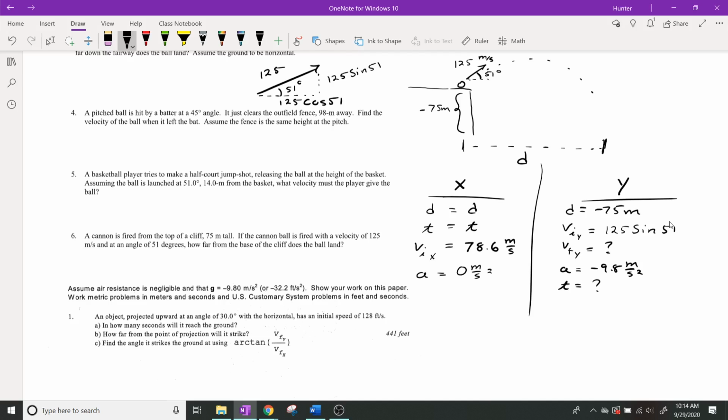So can we use the y equation to find the time? Which one do we need to use? The one without VF, because we don't have that one, right?